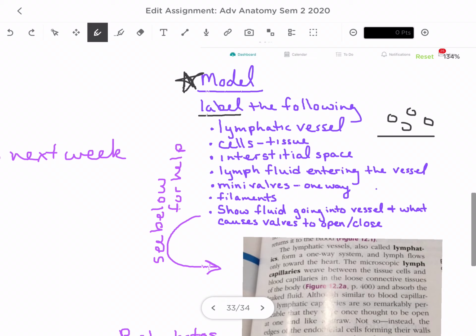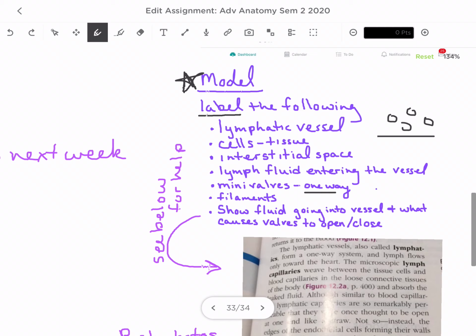I would like you to show me what you're using for lymphatic fluid. I also want you to show the lymphatic fluid entering the vessel. You need to include many valves that only open one way, just like a lymphatic vessel does. Make sure you include those little filaments and label those filaments that hold it to the surrounding connective tissue.